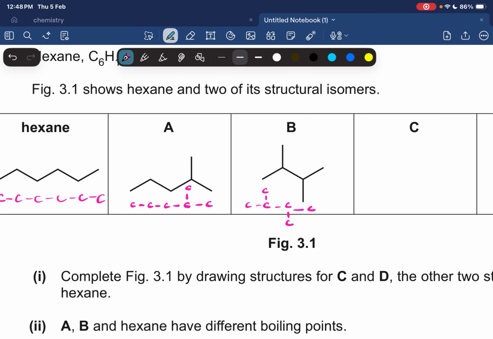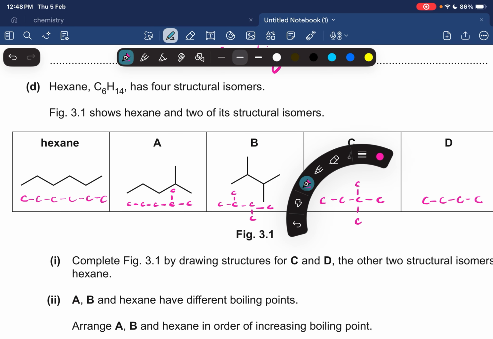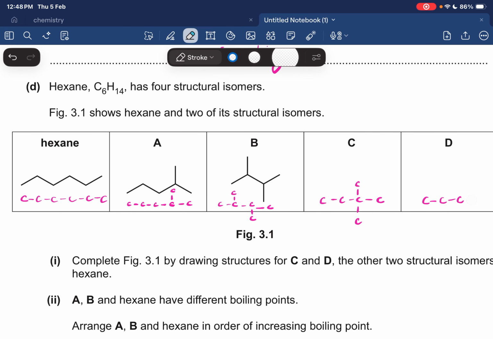I can make a 4-member chain, 1, 2, 3, 4. And on the second one, I can put both carbons. Over here, I did it on the second, but if I do it on the third, it's going to mean the same. So I make a 3-member chain.